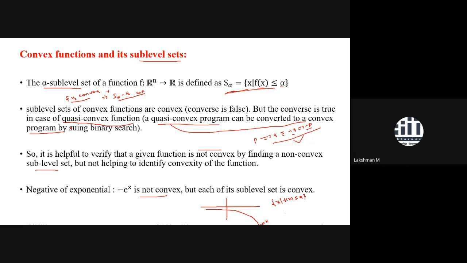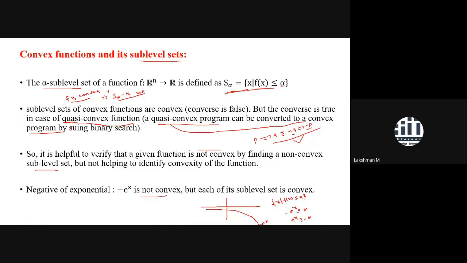Here the function is minus e to the power x, so minus e to the power x is less than or equal to alpha. Changing the negative sign, it says that e to the power x is greater than or equal to minus alpha, and from here you can define x.